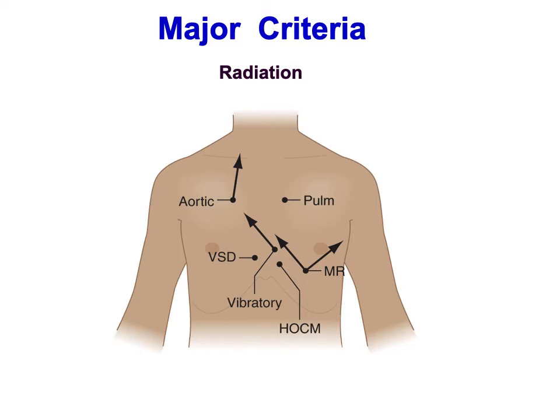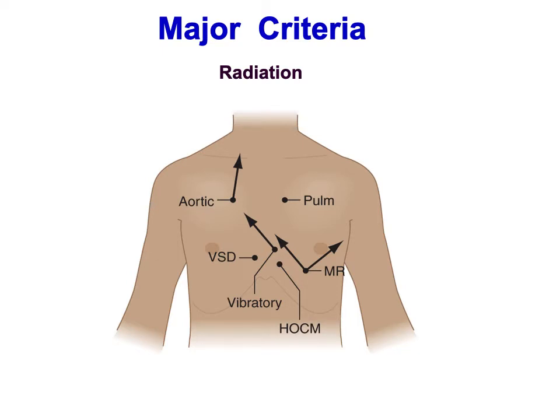Similarly, in ventricular septal defect, blood flows from left to right and slightly upwards in the left fourth intercostal space. So the direction of flow would be towards the right shoulder. In mitral regurgitation, since it goes from the left ventricle to the left atrium and goes slightly backwards, the flow would be towards the axilla.